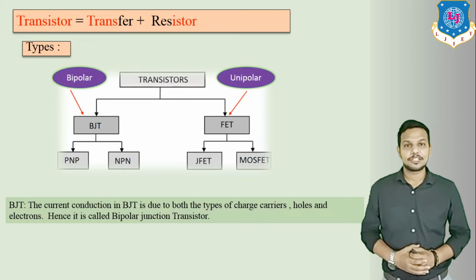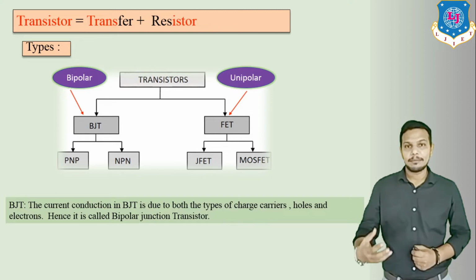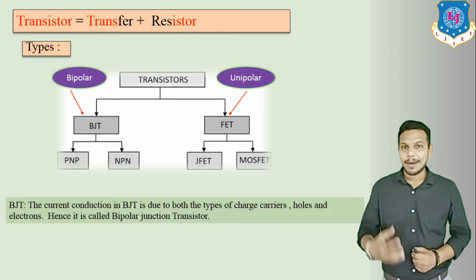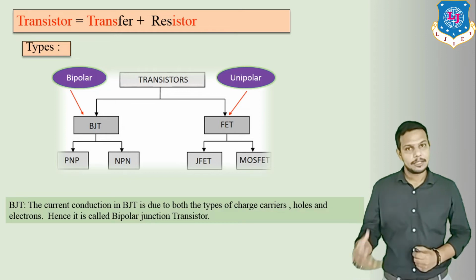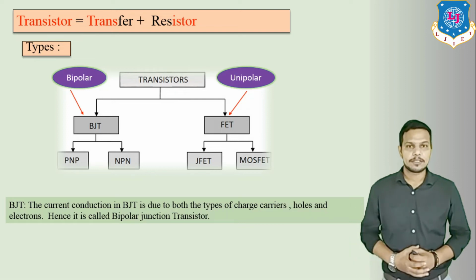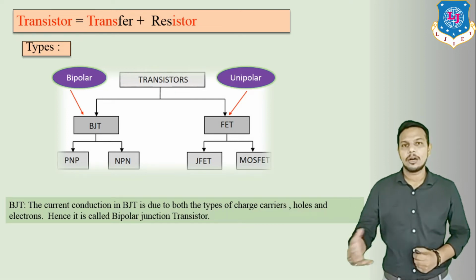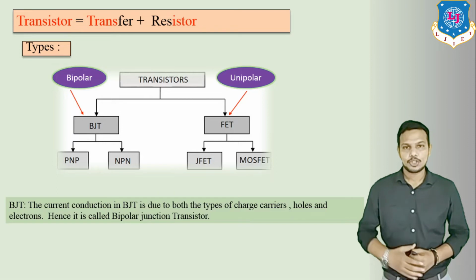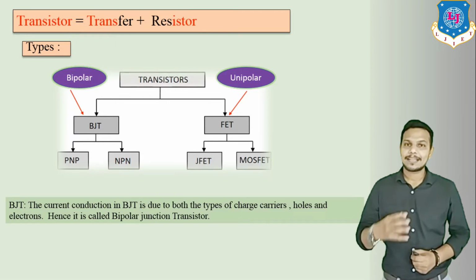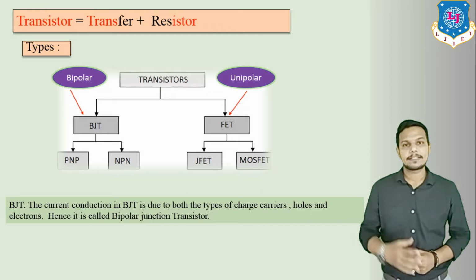Majority carrier charges may be electrons or holes. Similarly, minority carrier charges may be electrons or holes. It depends on its type, like NPN or PNP. That means we are going to use holes and electrons in this diagram.